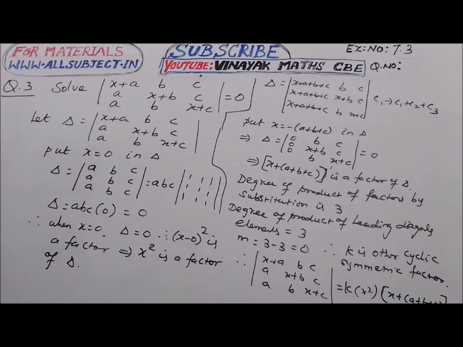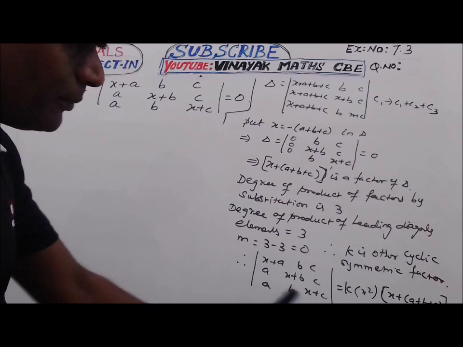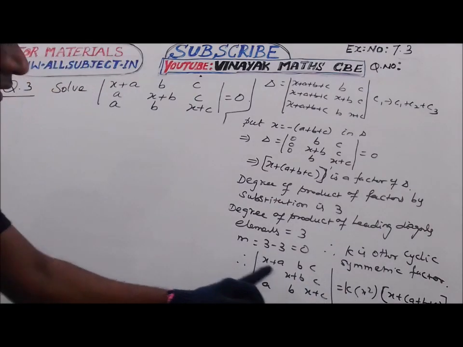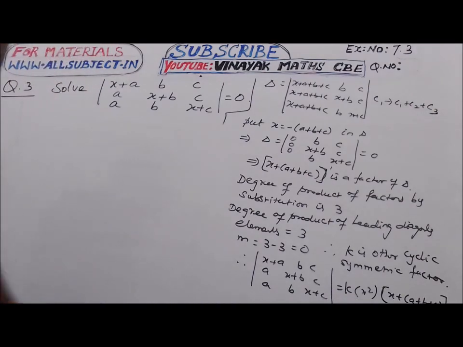Now we need to find the value of this k. To find k, if we substitute x equal to 0, the right side becomes totally 0, so we couldn't find the value of k.